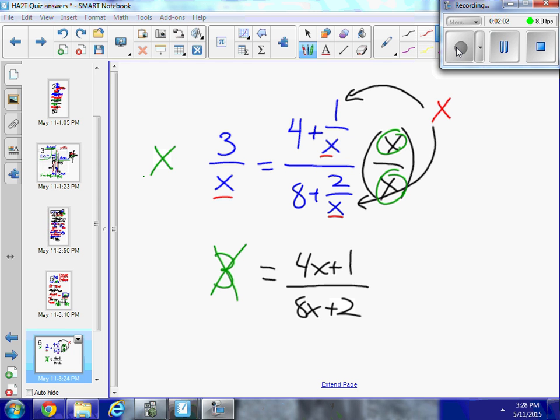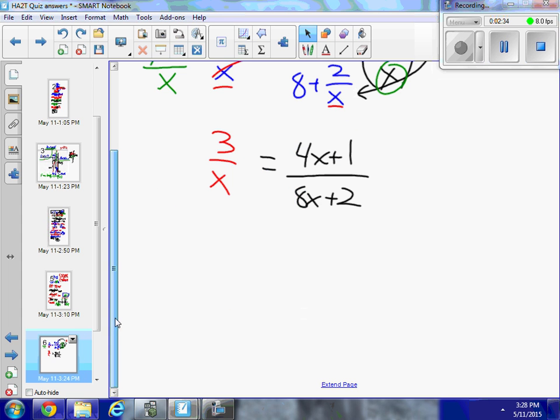I need to multiply by x over x. These x's are going to cancel out. I'm still going to have 3 over x right here, because x over x is 1. So I was really just multiplying it by 1. If you make this just 3, that's going to mess up the whole problem. But I did it by x over x.